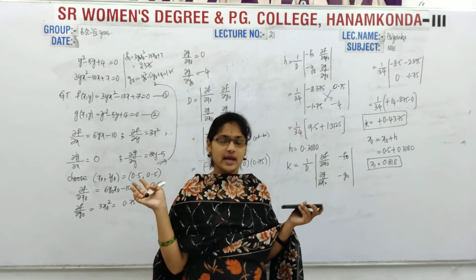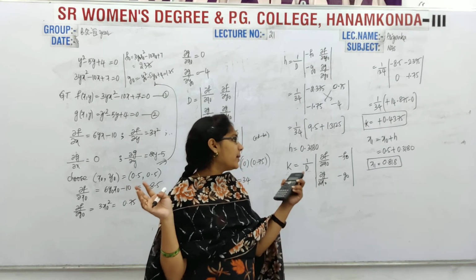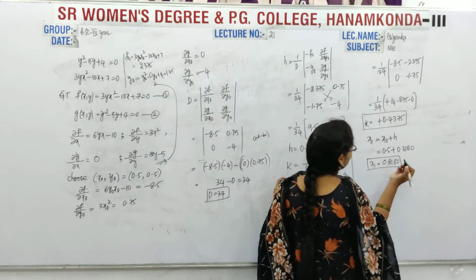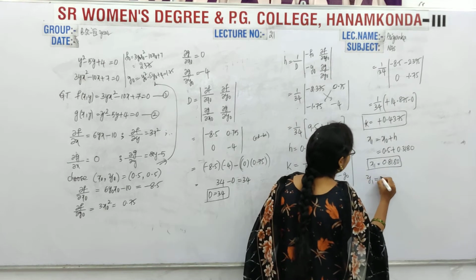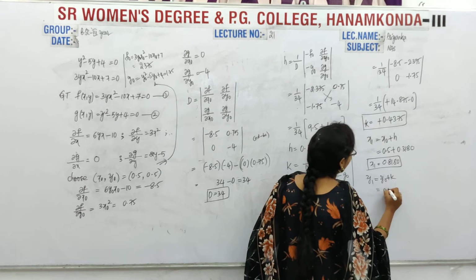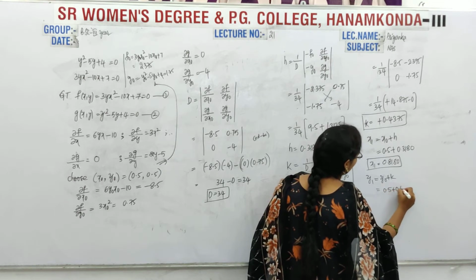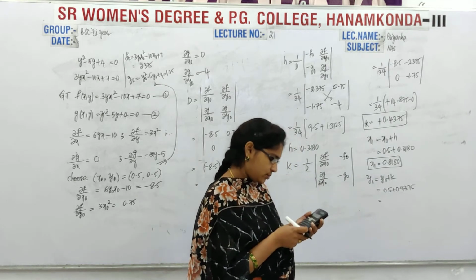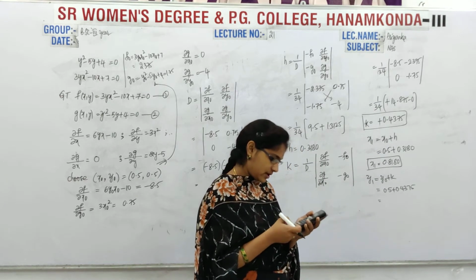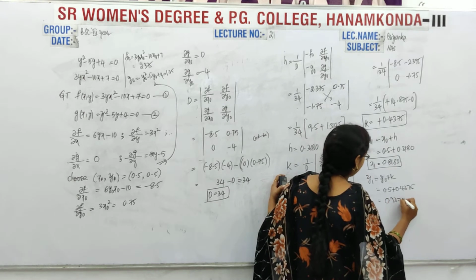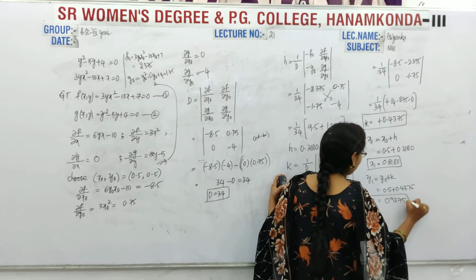It is 0.5. 0.5 is the x naught, but here x1 is 0.8180. Next, y1 equals y naught plus k. What is y naught? 0.5 plus 0.4375. 0.5 plus 0.4375 is 0.9375. This is the y1 value.